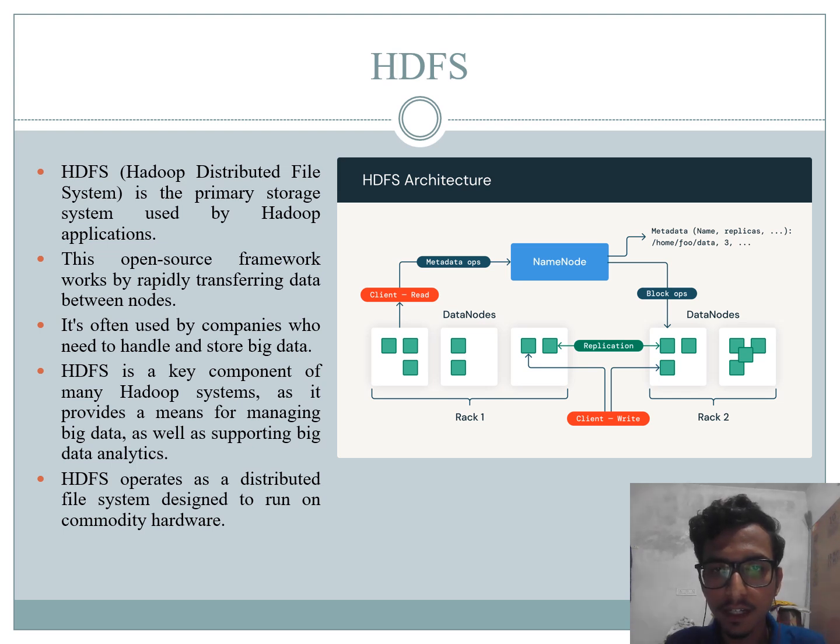And in the data nodes, there is the actual data which the client requires. These data nodes can be tracked with the help of the name node. So the name node contains the addresses, the actual keys to these data nodes. Data nodes contain the values. So this is how the data is stored in HDFS, in key-value format.